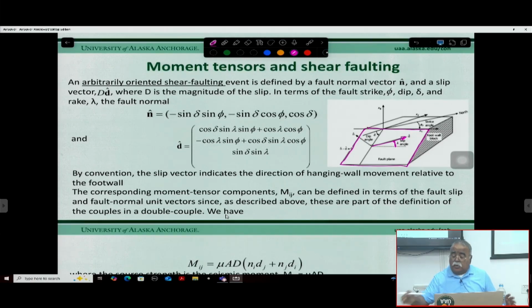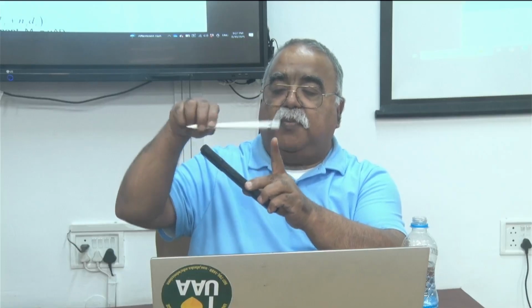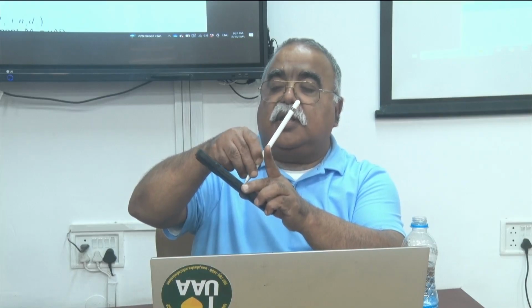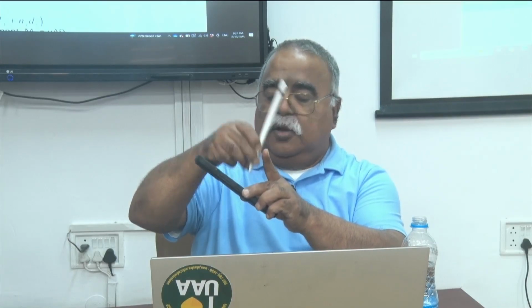If it is a fault plane, then the slip vector is on the plane. This is the amount of slip, so this is your slip vector d, and perpendicular to the fault is the normal to the fault plane, which will be equal to your n.